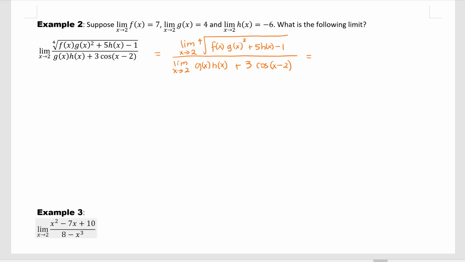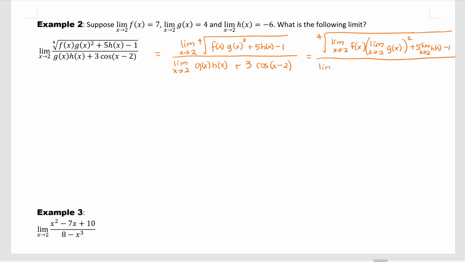So next we can move the limit inside. So we get 4th root. And then we have limits, x goes to 2. So we can actually split as well, right? And g of x, we can move it inside the power as well. 5 limits, h of x minus 1. Oh, almost ran out of space.